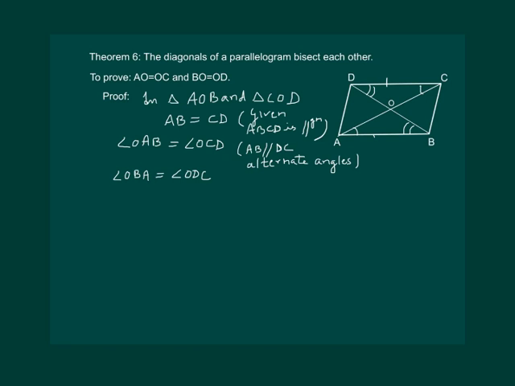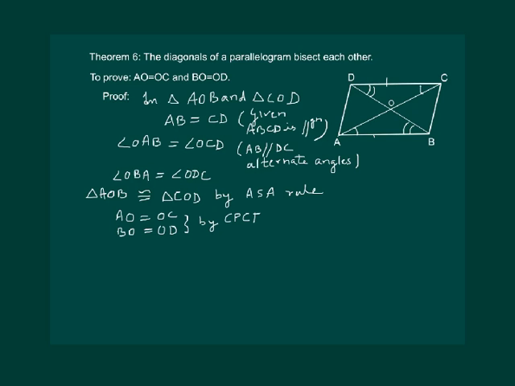So the two triangles are congruent by ASA property, and hence by CPCT, AO equal to OC and BO equal to OD by CPCT. Hence we have proved that diagonals of a parallelogram bisect each other.